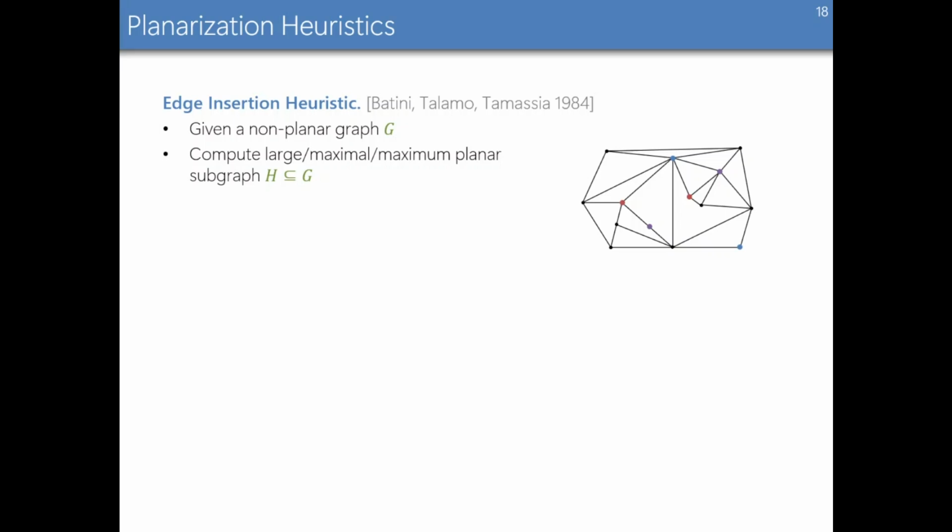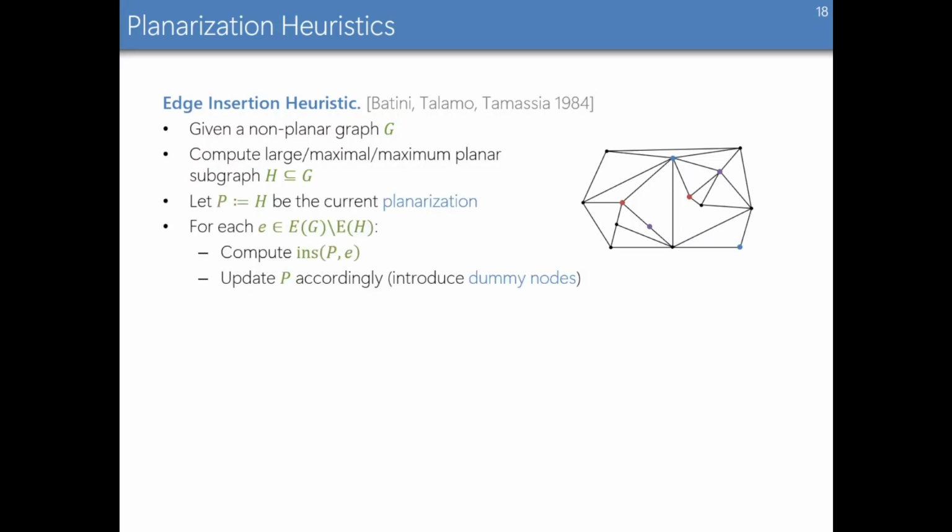With that you start, and then there are these edges that you removed from the original graph that you will now have to reinsert. And what you do in this reinsertion is you go through these edges to be inserted one by one, and let's say you start with the red edge connecting the two red dots. You add this edge in the cheapest way possible because you just resolve the single edge insertion problem. And when there is a crossing, you place a dummy vertex on it.